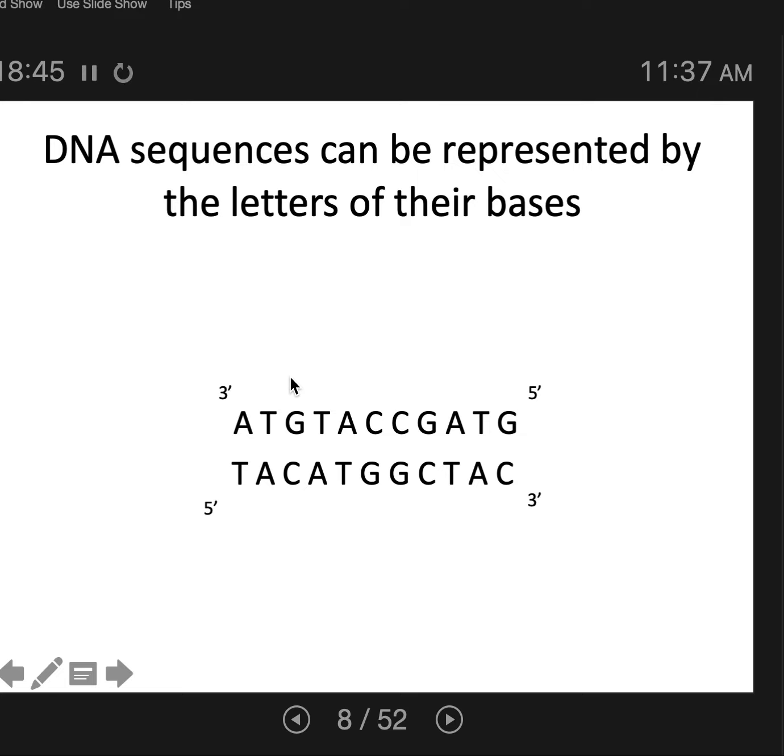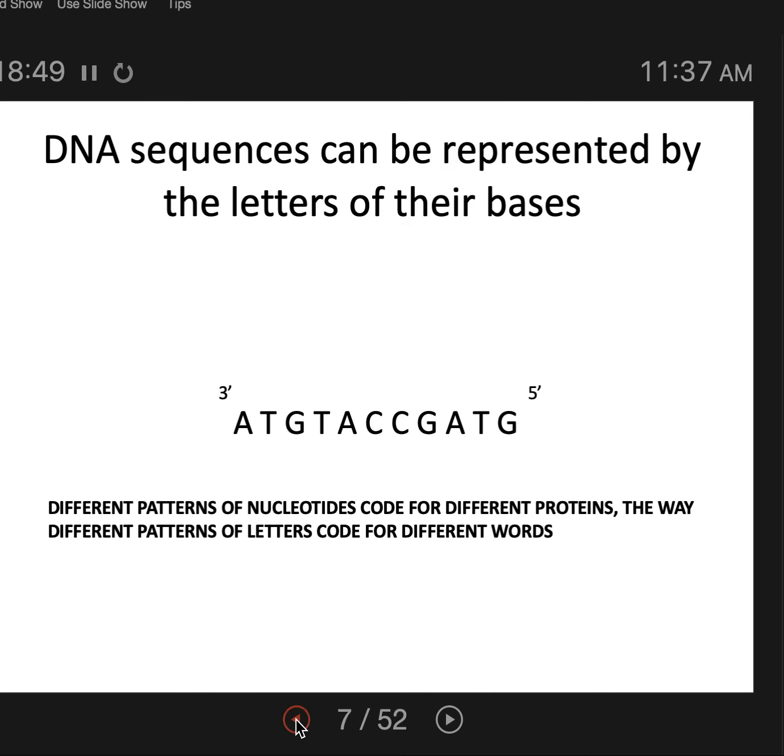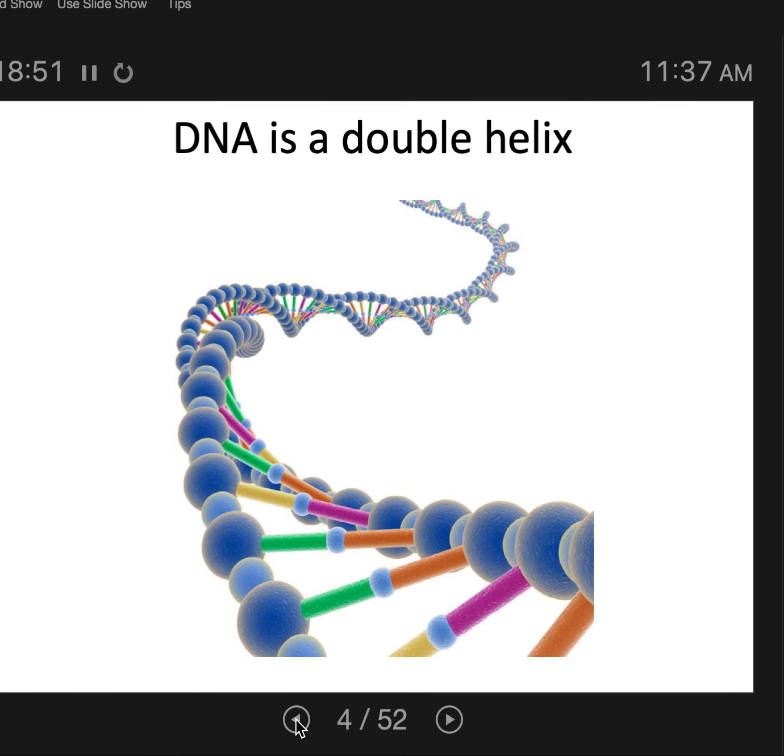Parallel means that the two strands are equidistant apart through their entire length, right? So if we go to this image here, and you were to measure the distance between the two sugar phosphate backbones, they're always going to be the same distance apart through their entire length. It's not like it's wider in some places and narrower in some places. The two backbones are parallel. The two strands are parallel.